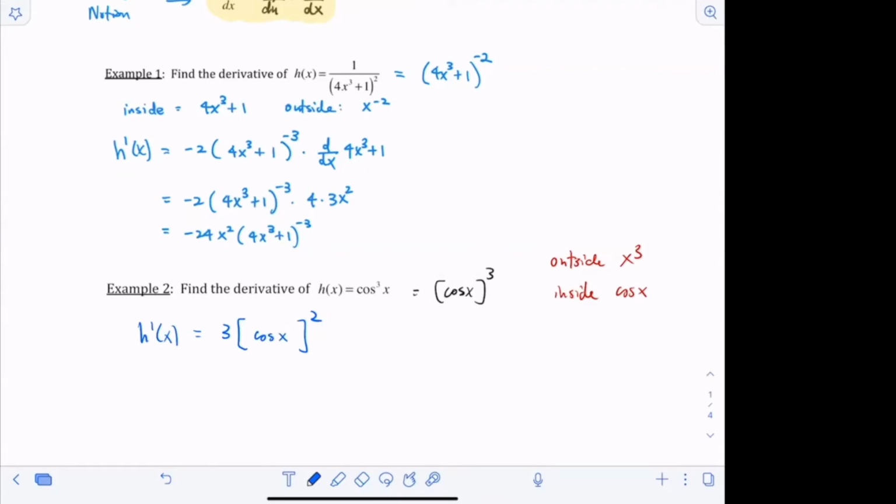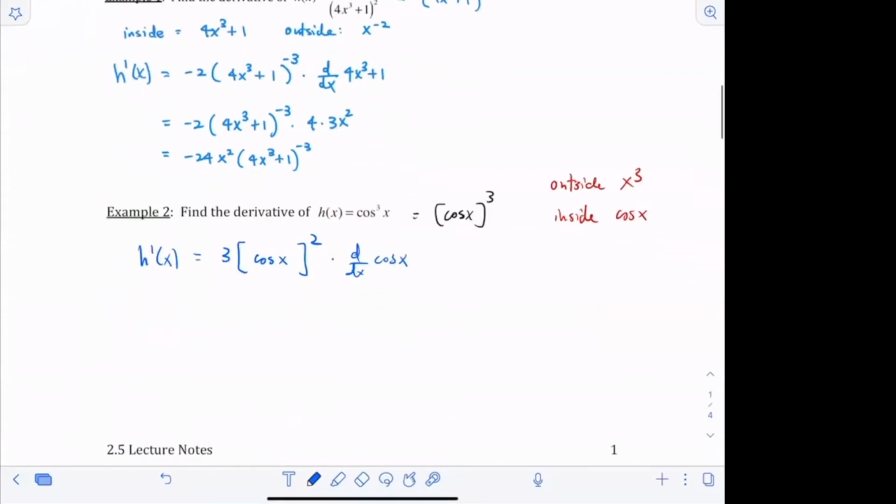And you got to multiply by the derivative of the inside. I'm going to do it in 2 steps. Any questions about that line? I just apply the chain rule. Take the derivative of the outside, 3 something squared, keep the inside, cosine x, multiply by the derivative of the inside, which is cosine x.